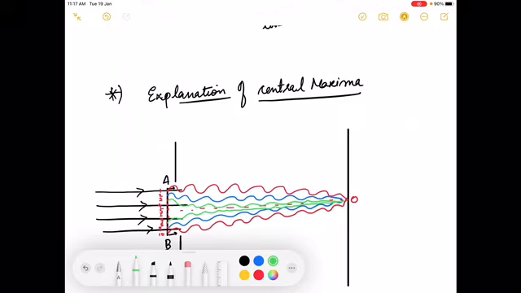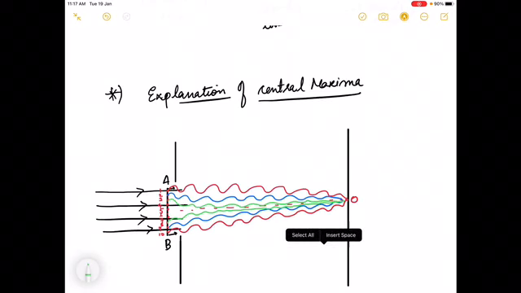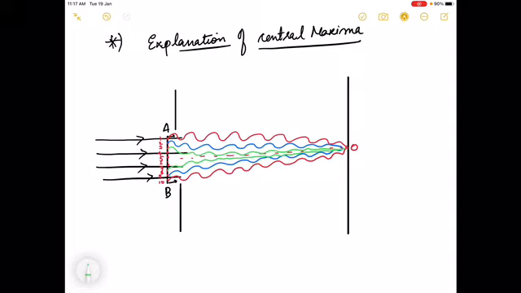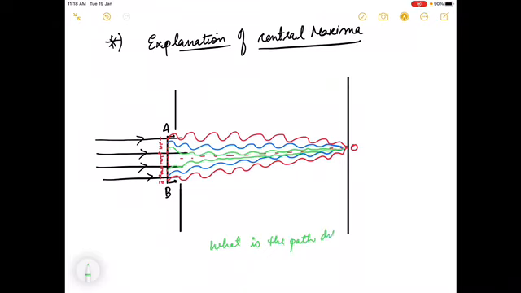Now the important thing that we have to see over here is, in all these emissions, what is the path difference? That is the important question I would like to ask.